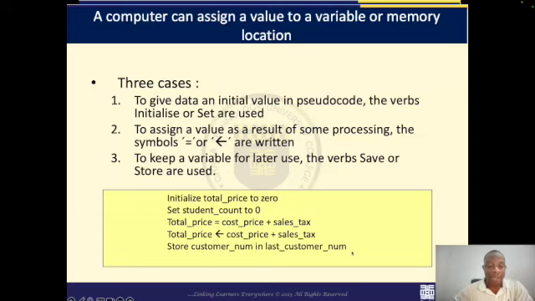What it means is that there is a variable called customer number which is holding a value, and you want to put that value into another variable called last customer number. You understand? So you can use any of these examples when you want to do an assignment, and all of these are perfectly acceptable.